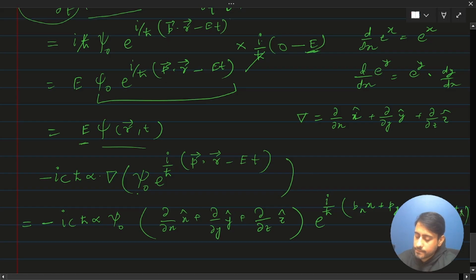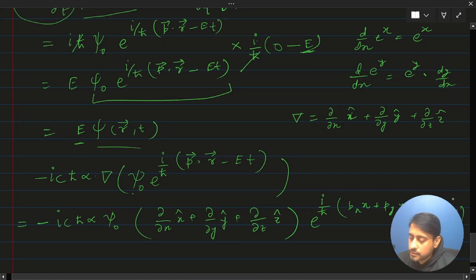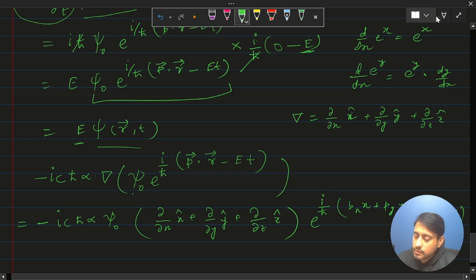Let me write it with a little more space, because it's necessary that you write clearly. Minus E into t.